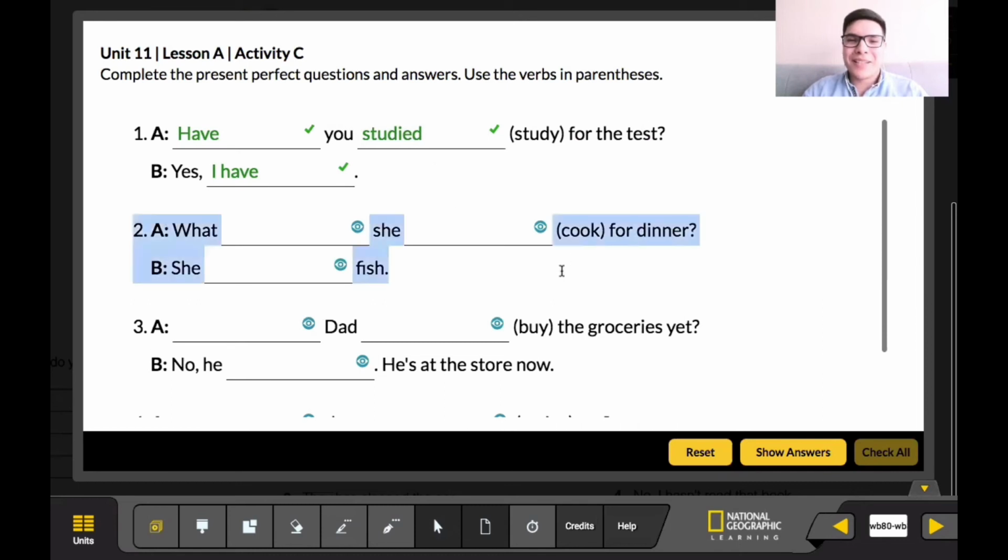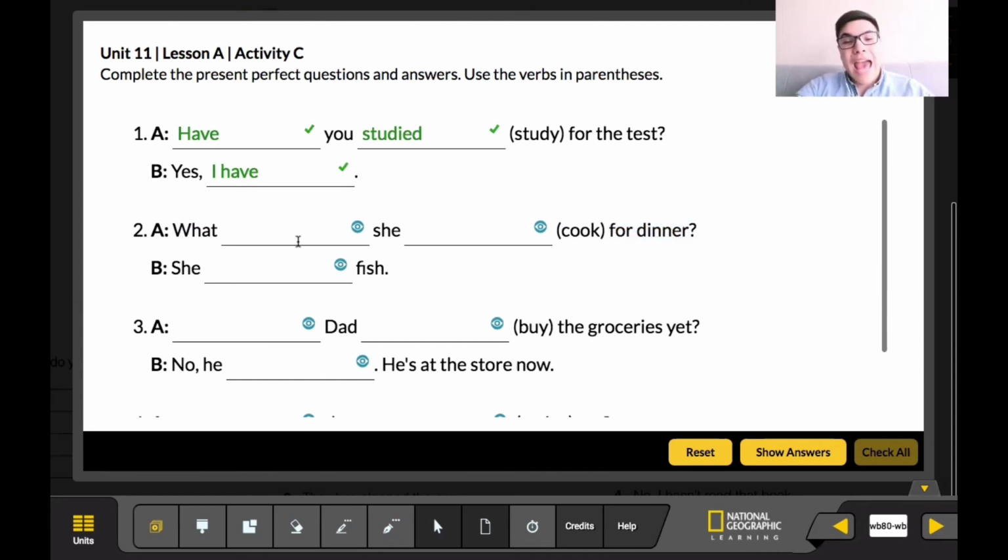What about the second one? Let's complete the second question and answer. In this case, we're starting with a WH question. So of course, we need a long answer. In this case, we have what and we have she. What she, the verb is cook, for dinner.